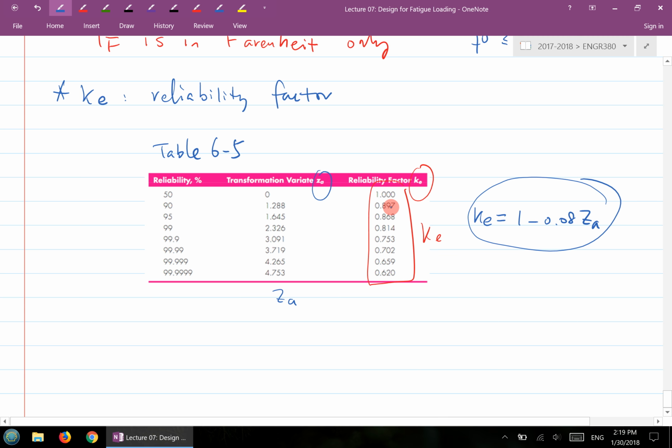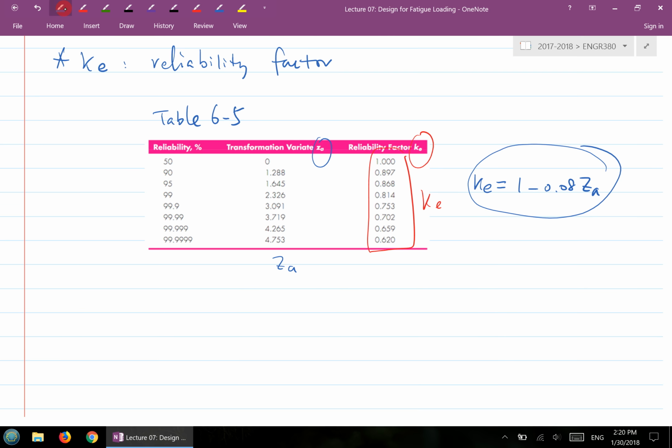So the last factor is called KM. It's the miscellaneous factor. The miscellaneous factor basically means there are many other conditions that you possibly didn't account for.